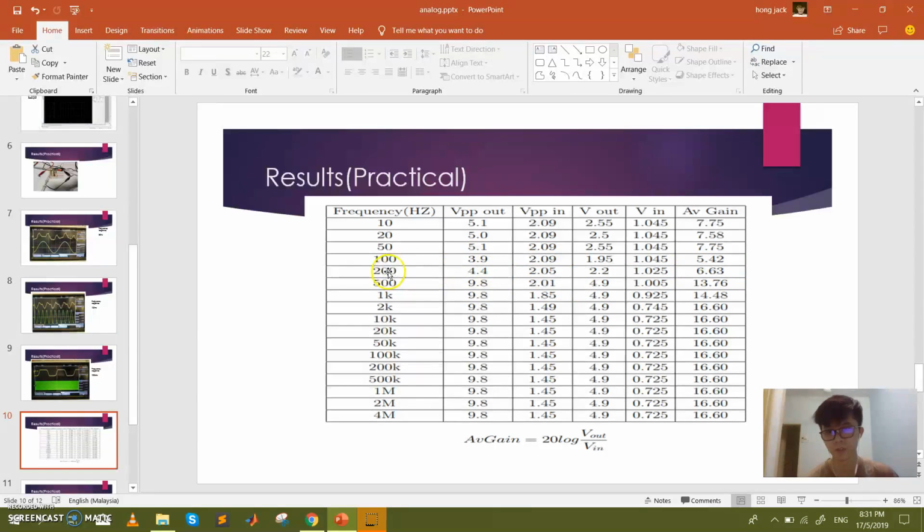After that, it will be 200. It increases, and then it increases drastically when we reach 500 Hertz, from 6.63 to 13.776, and it keeps increasing until 16.60, which is at 2 kilohertz, and then it remained there until 4 megahertz.